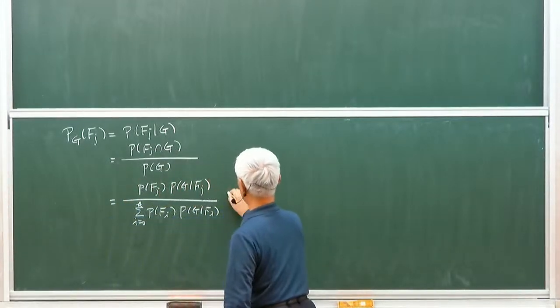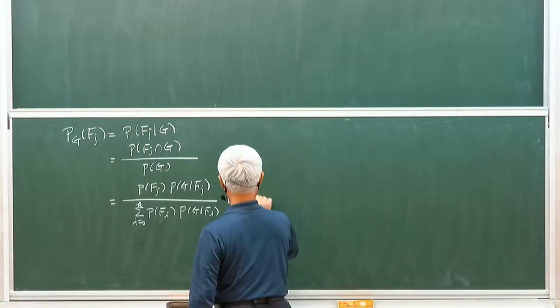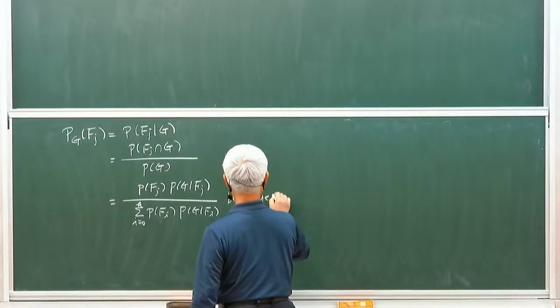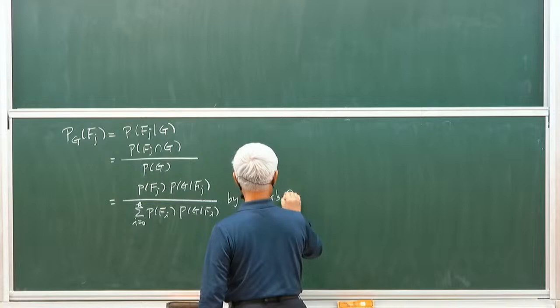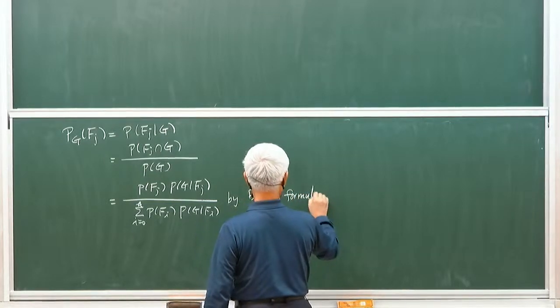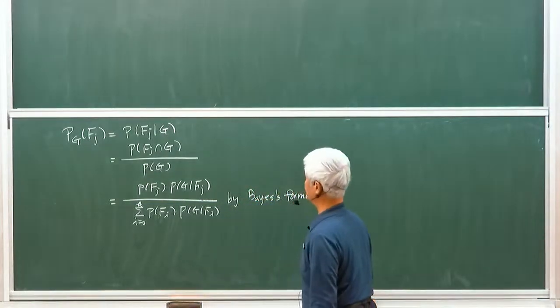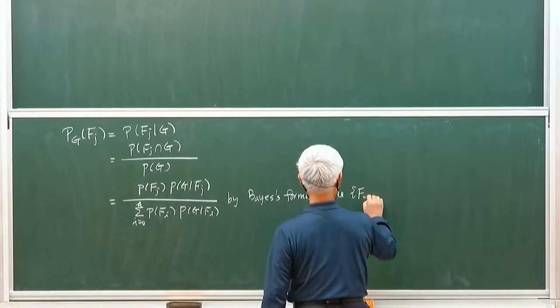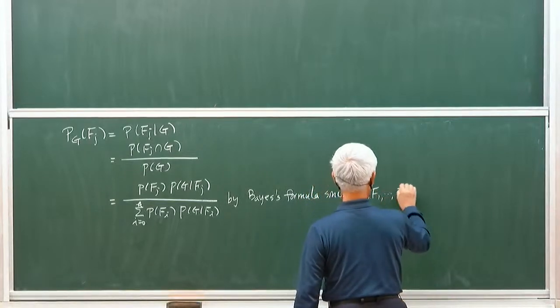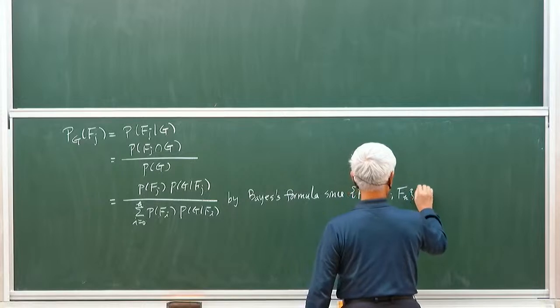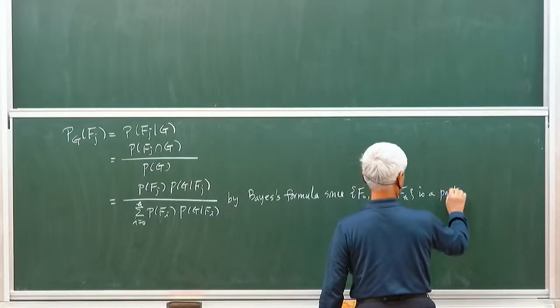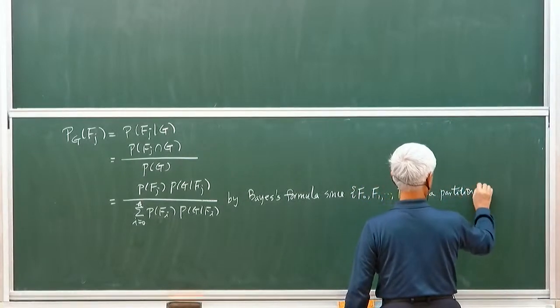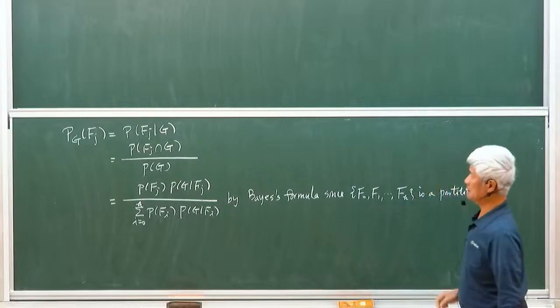This is by Bayes formula, again because F0, F1 up to Fk is a partition of the sample space.